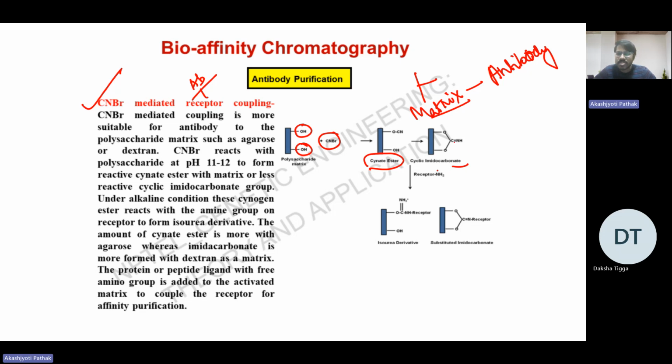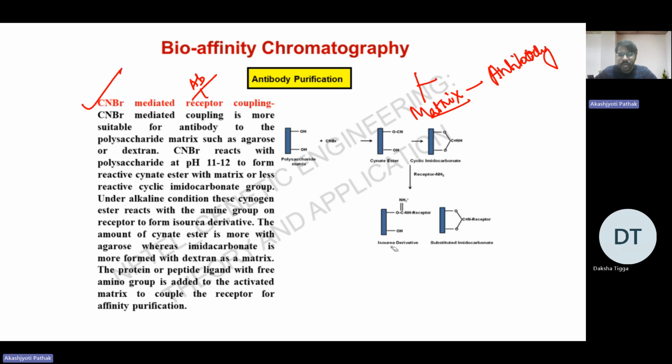Once it has formed this cyclic imidocarbonate, the receptor molecule having a free amine group can form an isourea derivative. You see that this structure has formed OCNH and then NH2 plus. In this way, ultimately you have immobilized the receptor to your matrix.